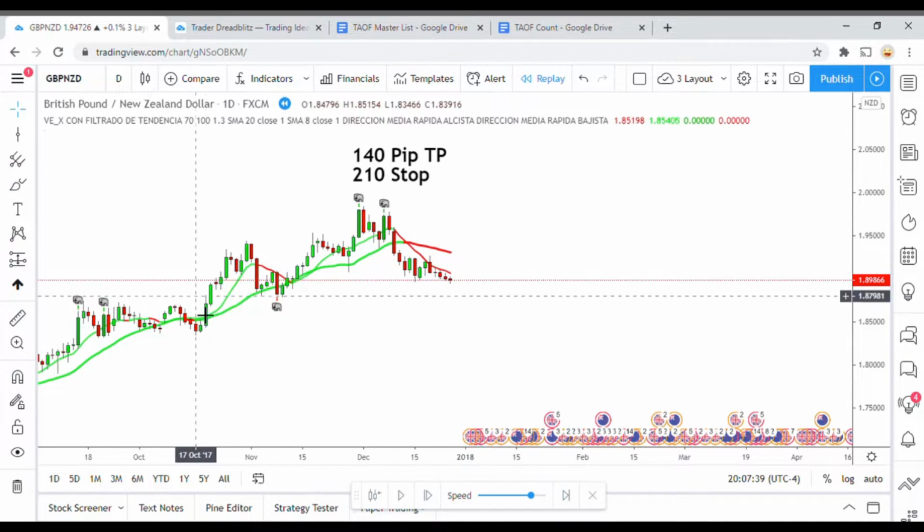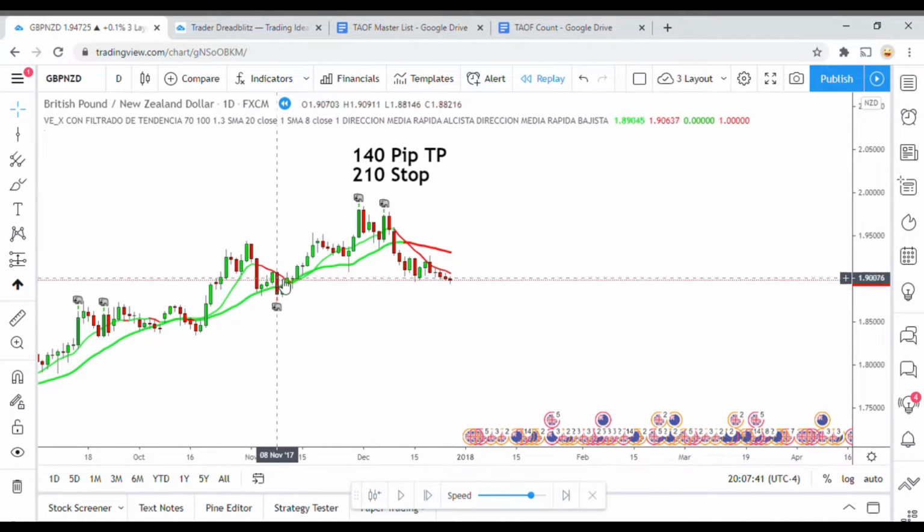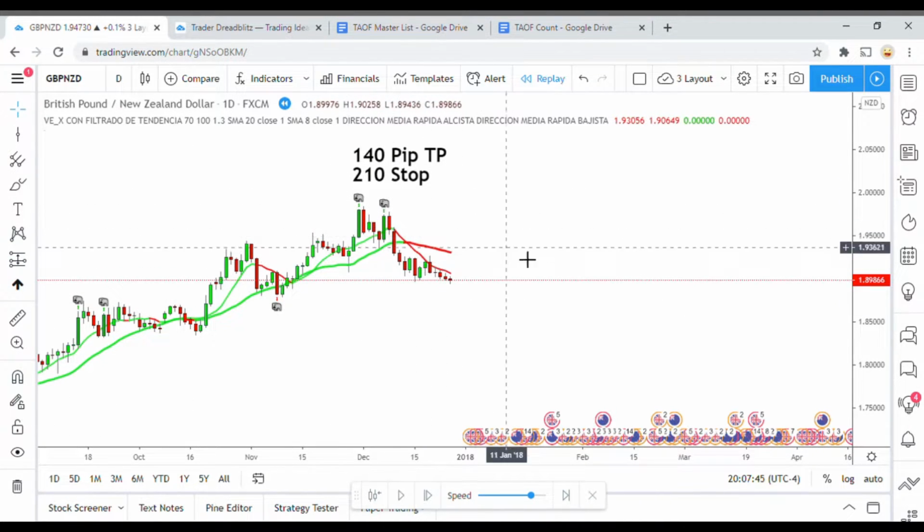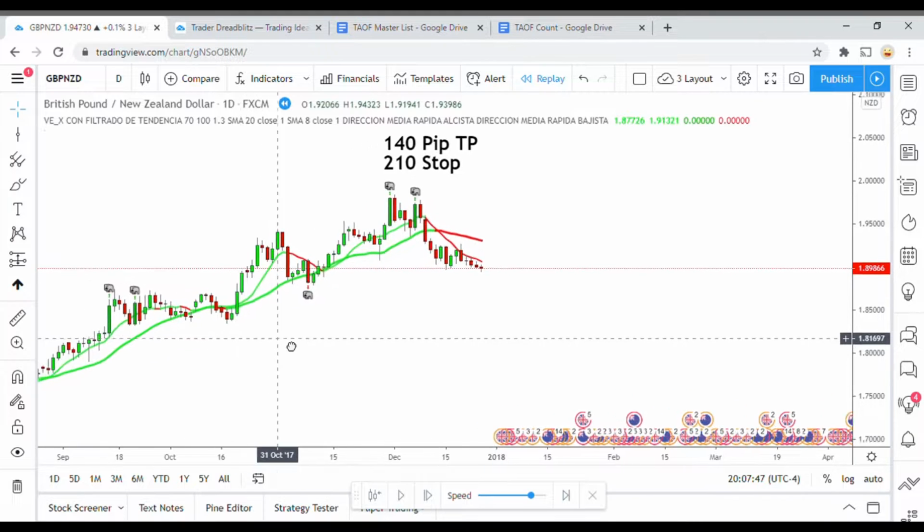Now, I dug into the code just a little bit. It appears that these are some sort of moving average calculations.